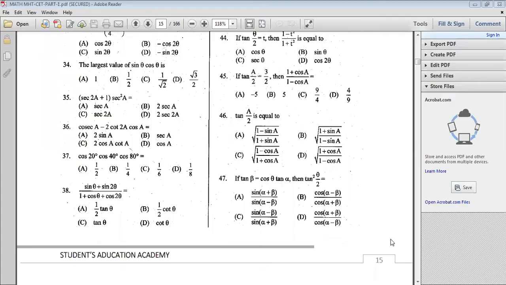Next, look at the next problem, the 37th problem. Observe this: cos 20 degree into cos 40 degree into cos 80 degree. So we have to find this.